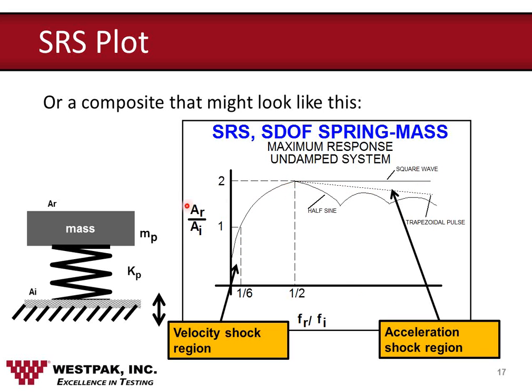And again, where these numbers come from: the acceleration response right here, acceleration input right here, the frequency of the response right here, we simply count the number of cycles per second, and the frequency of the input right here. Normally the frequency of the input is simply the inverse of the duration of the shock input pulse.